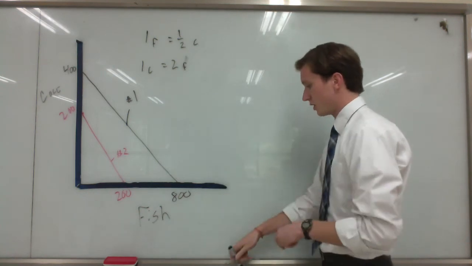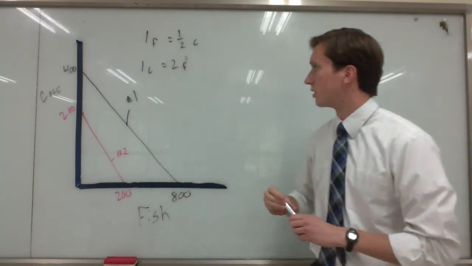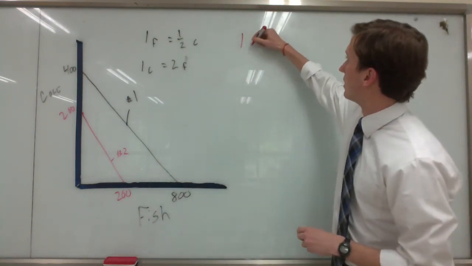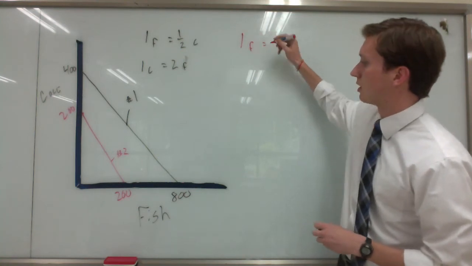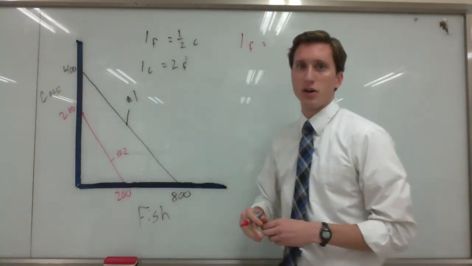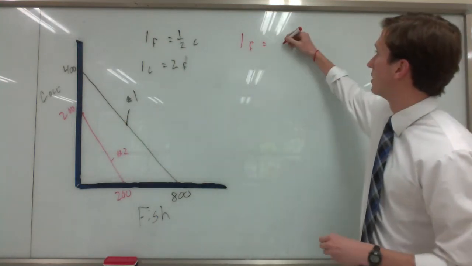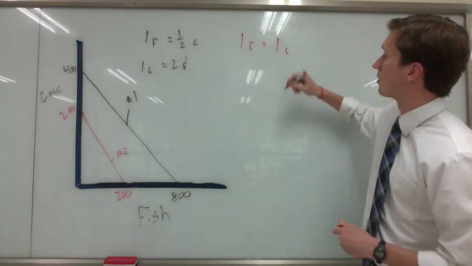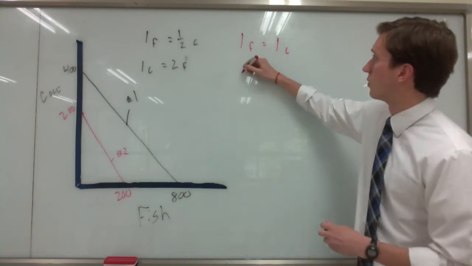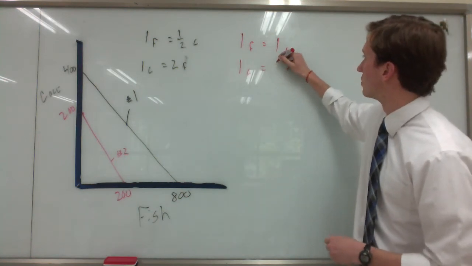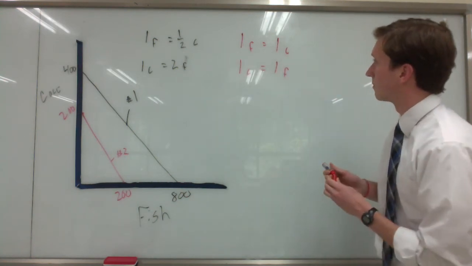Now for guy number 2, I'll do in red, same color as this curve. For him, 1 fish, 200 over 200, the other goes over. So 200 coconuts over 200 fish equals 1 coconut. Same thing for the other one: 1 coconut equals 1 fish.